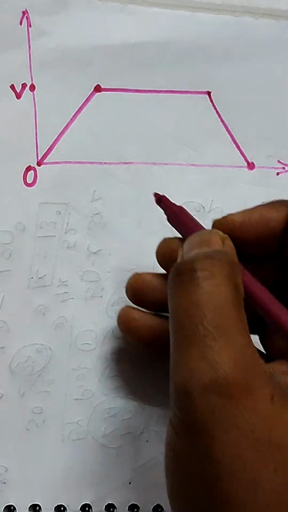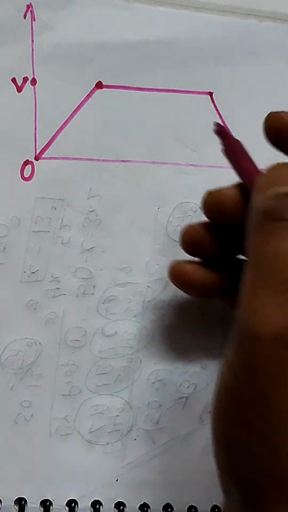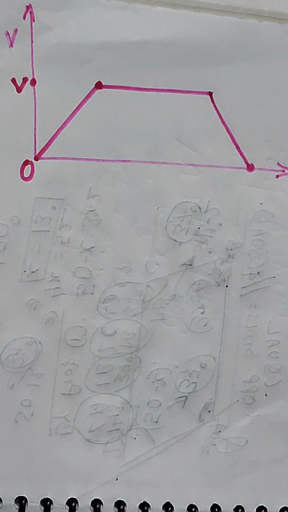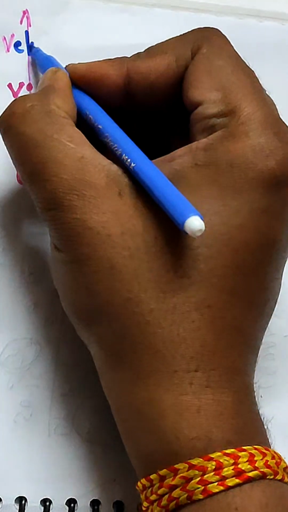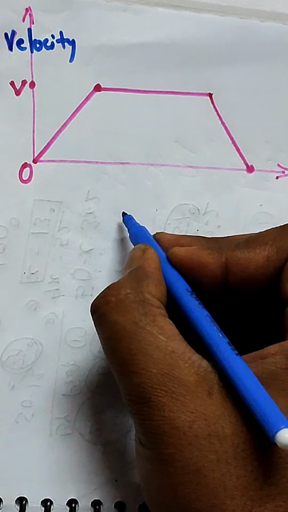So let's say the y-axis is the axis of velocity, and here it's time.